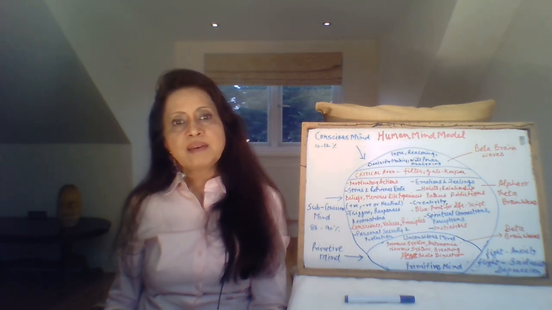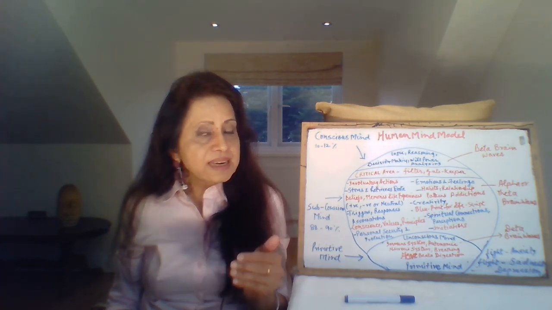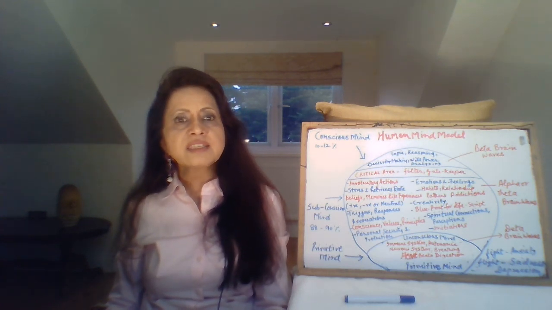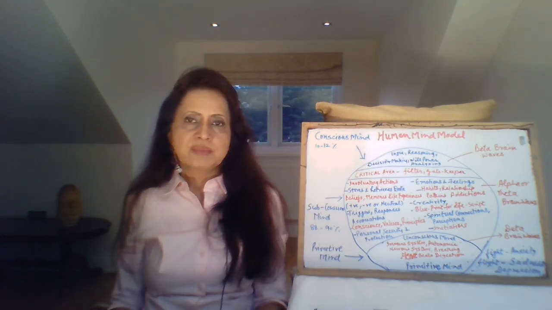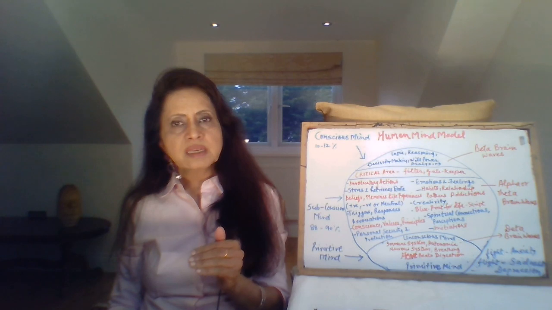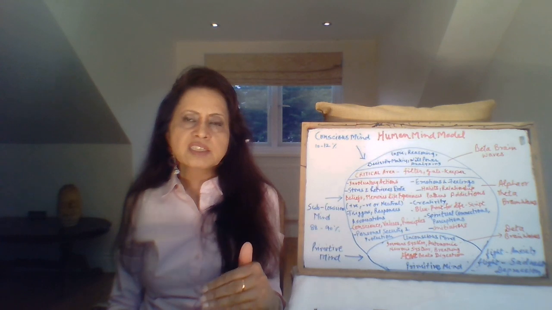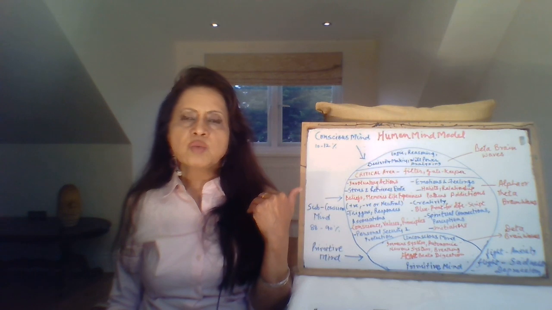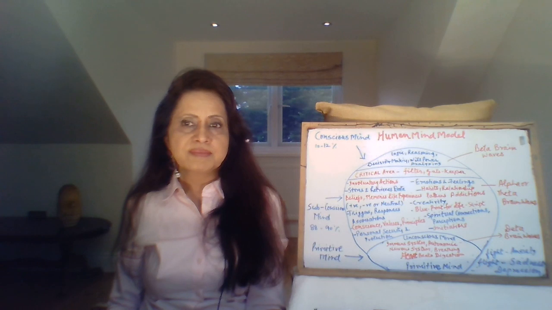Now let's understand message delivery and information retrieval, how that system works. Conscious mind retains and remembers the events and feelings for approximately 1.5 hours only. The important messages are kept in the conscious mind for a maximum period of 24 hours only. That's why we say I put it into my short-term memory.